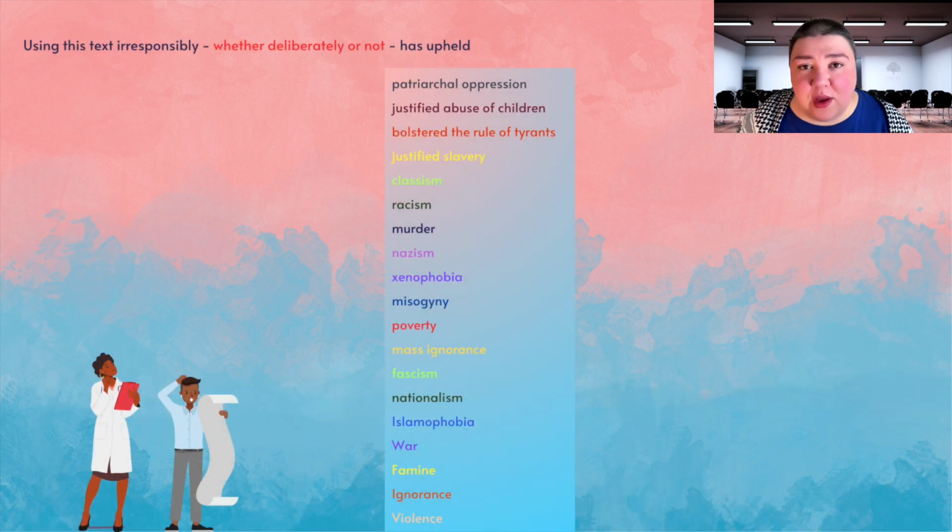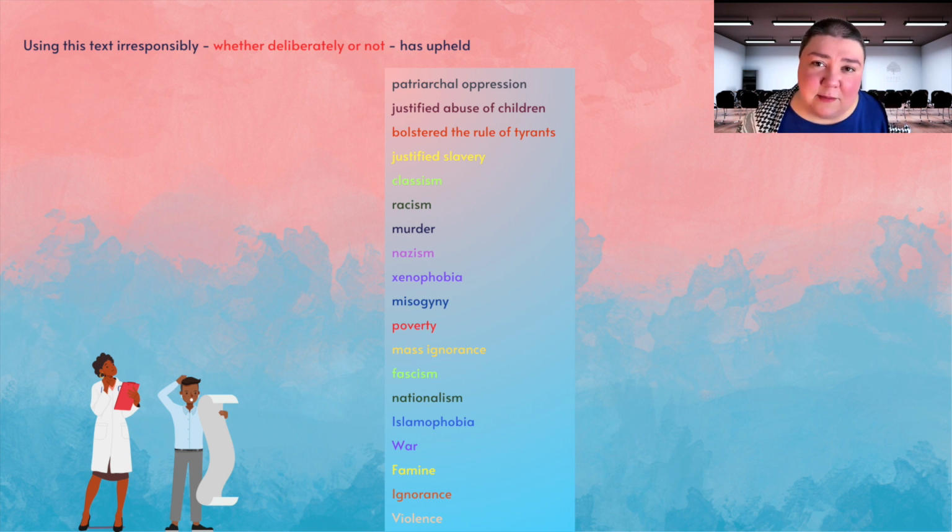I hope that we have adequately proven in this class how misuse of this book has had massive real-life impact on the world. Using this text irresponsibly, whether deliberately or not, has upheld patriarchal oppression, justified the abuse of children, bolstered the rule of tyrants, justified slavery, classism, racism, murder, Nazism, xenophobia, misogyny.